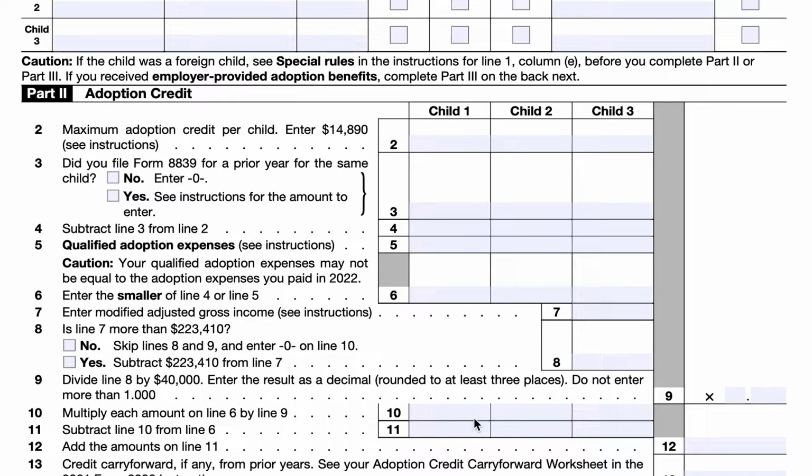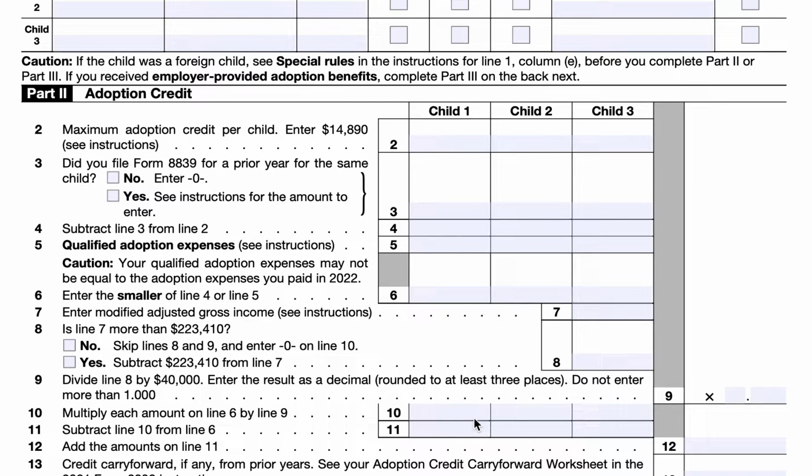For line 10, you will multiply each amount on line 6 by the number in line 9. In line 11, you'll subtract the amount on line 10 from line 6. For line 12, you'll add the amounts on line 11 for each child.